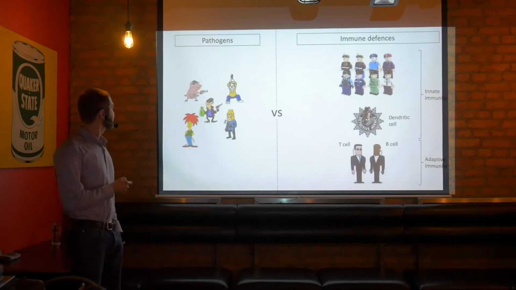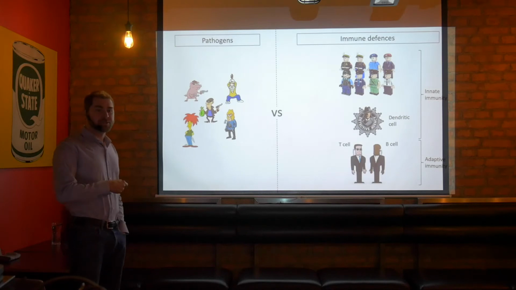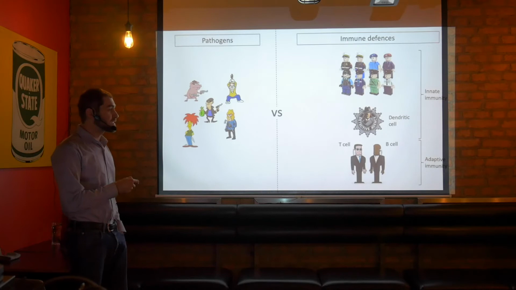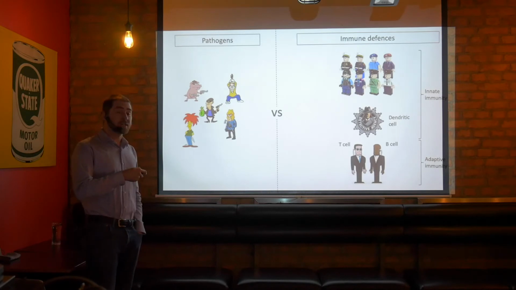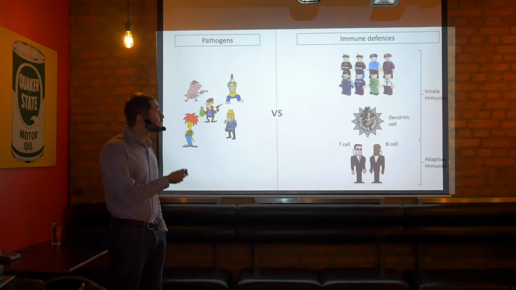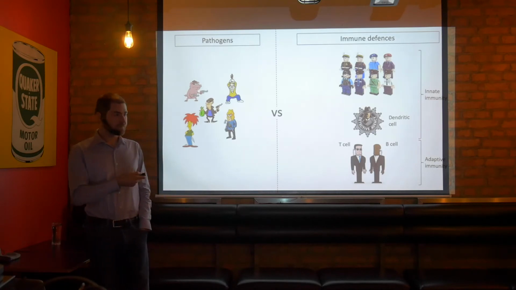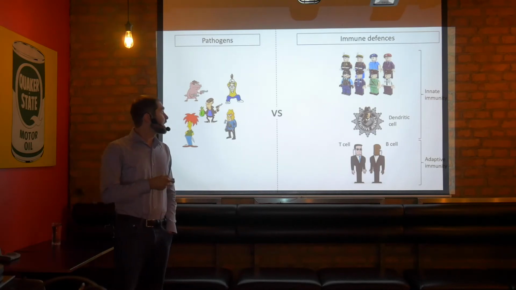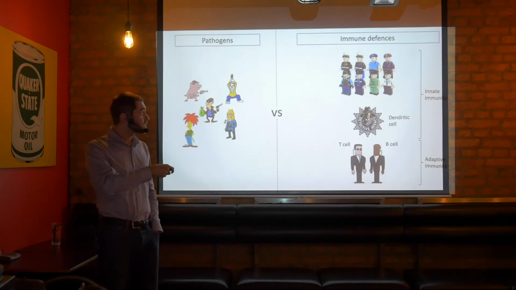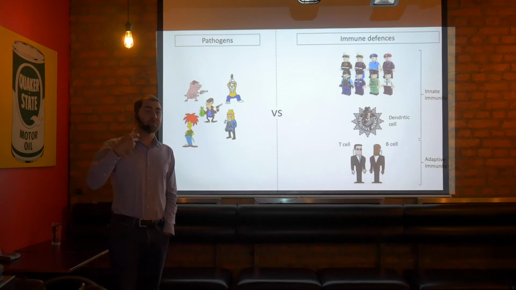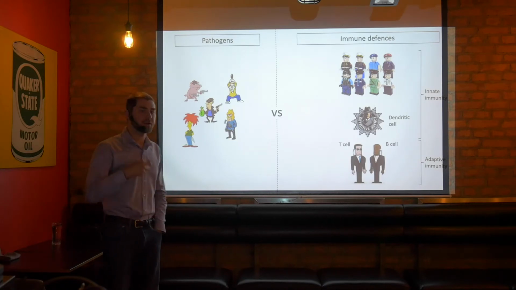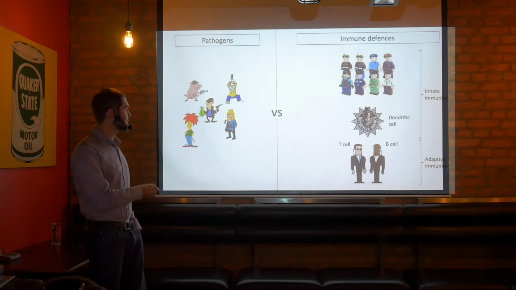We can imagine the pathogens as criminals who want to harm our body, and the immune defenses as the group of security forces that have the purpose to defend the body from the criminals. And we have the innate immune system that can be seen as a military branch, which is very active on the field, very reactive to the presence of pathogens.